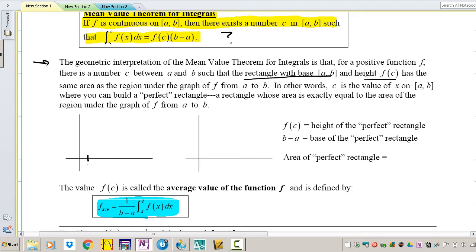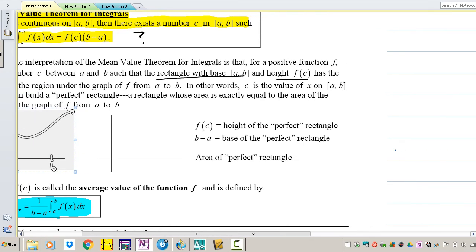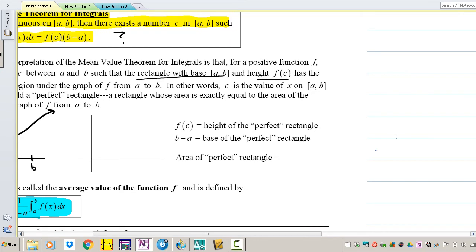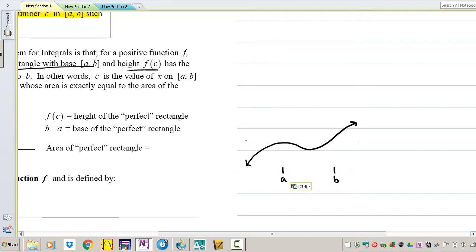Let me draw a continuous function, and I'm going to redraw this function on the other set of x and y axes.